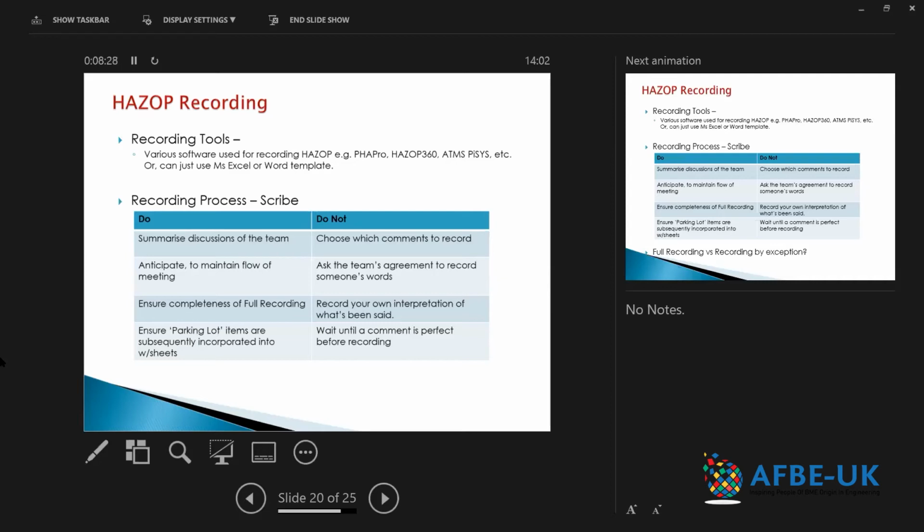Now, the scribe's role is to ensure that those parking lot items, where maybe you put just some gaps in the reporting, are all completed later on or incorporated in the worksheets. Now, the scribe should not choose which comments to record.